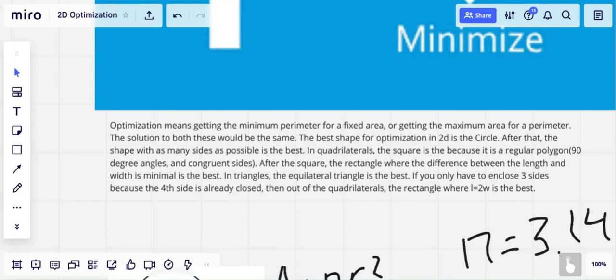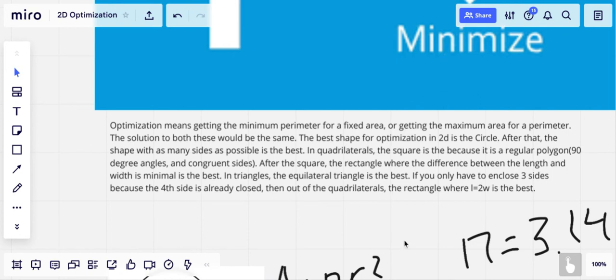And apart from quadrilaterals, the best shape in triangles is the equilateral triangle, again because it's regular. And if you only have to enclose three sides, then out of the quadrilaterals, the rectangle where length is equal to twice the width is the best.